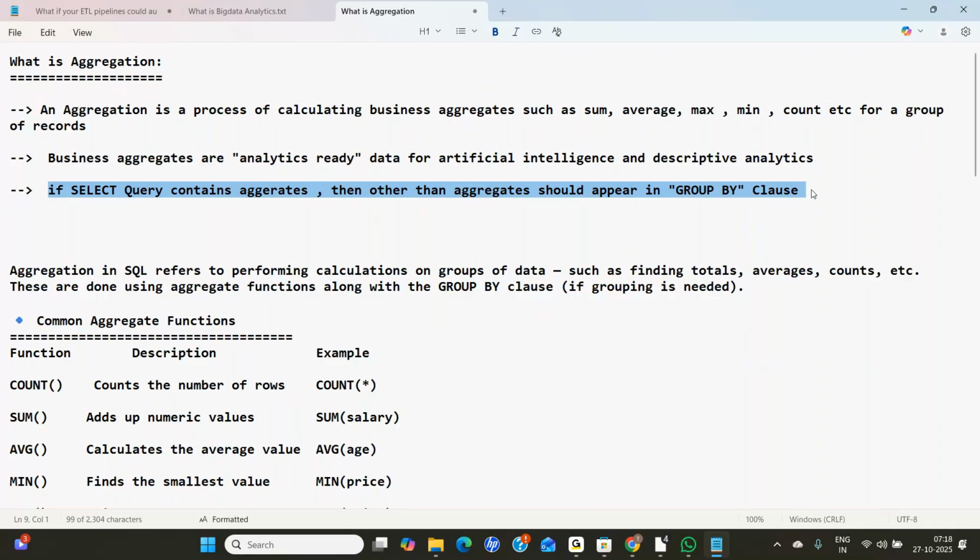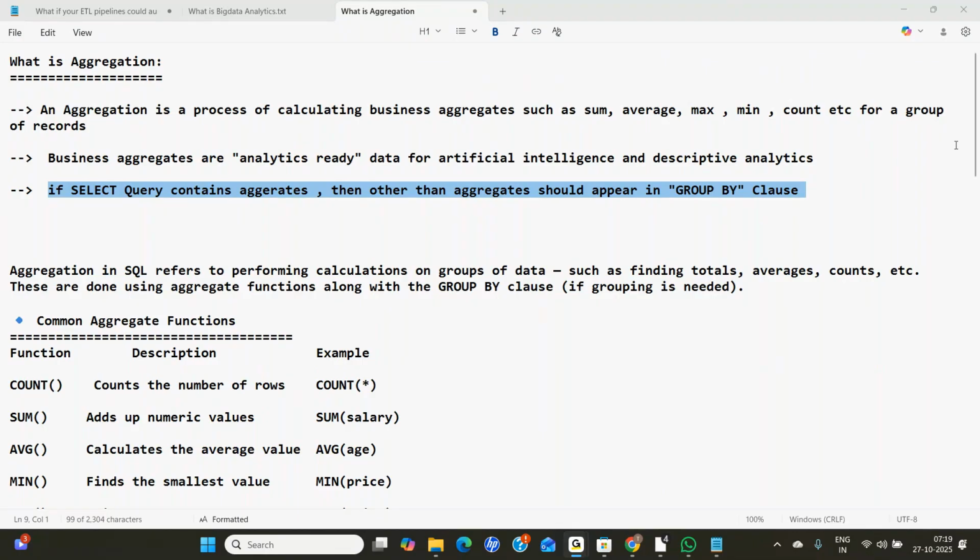Whichever code you write, you compulsorily need to specify the group by clause. So I hope, Likita, Padma, Kishore, all of you are clear. Shiva, is this clear?